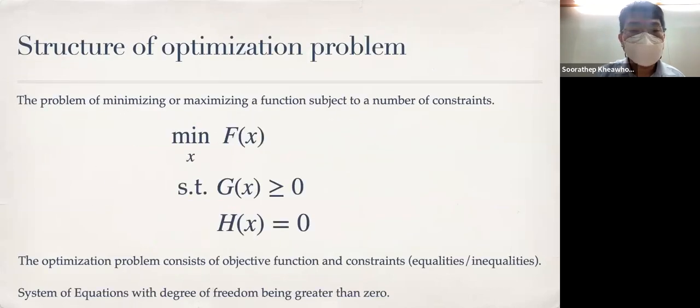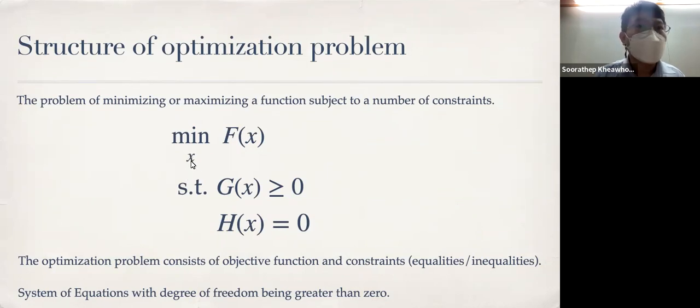Last time, of course, I introduced the structure of the optimization problem. You see that we need an objective function, right? Of course, our goal is to minimize or maximize, depending on the problem, the objective function by adjusting x.